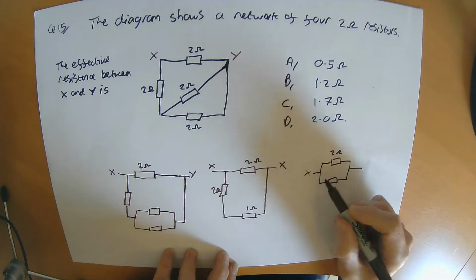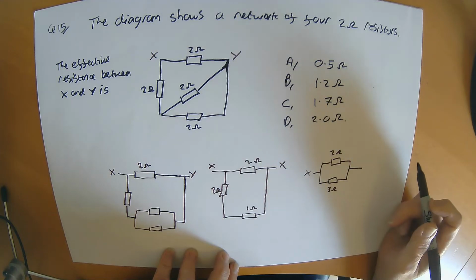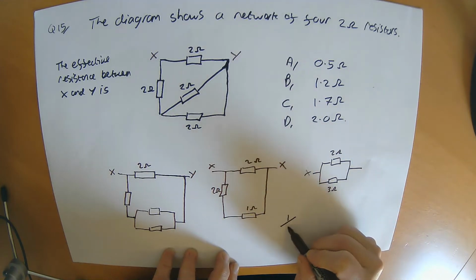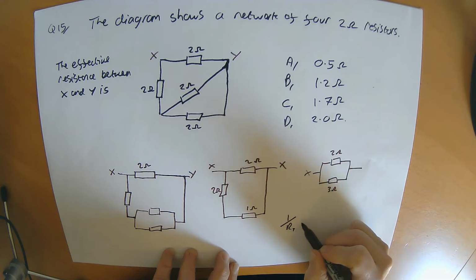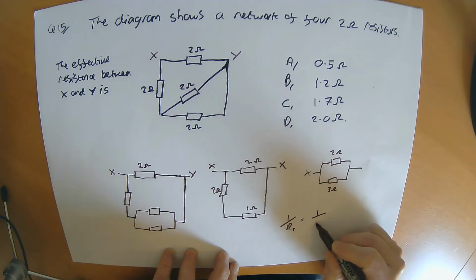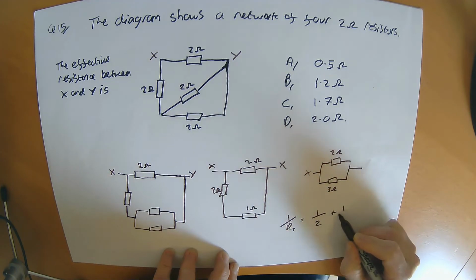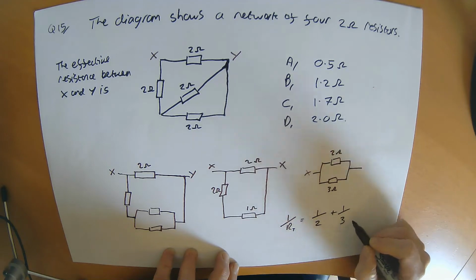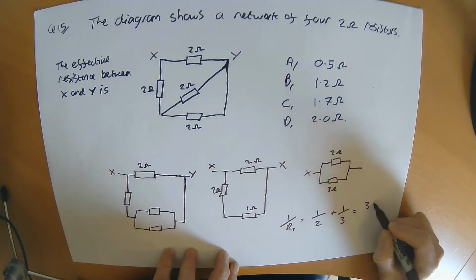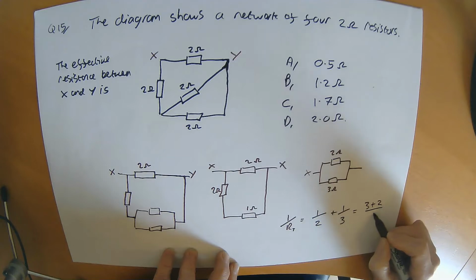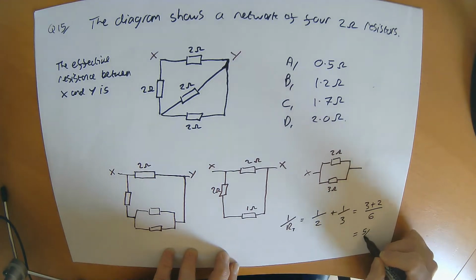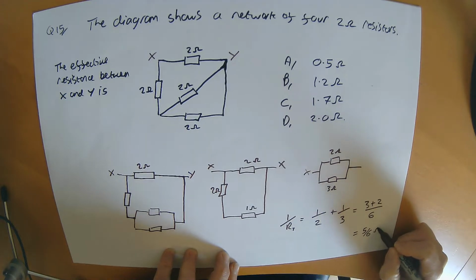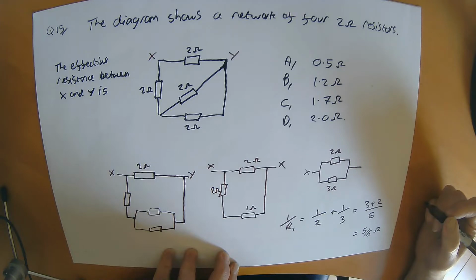And by making it simpler like that, we end up with total conductance 3 plus 2 over 6, or 5 over 6.